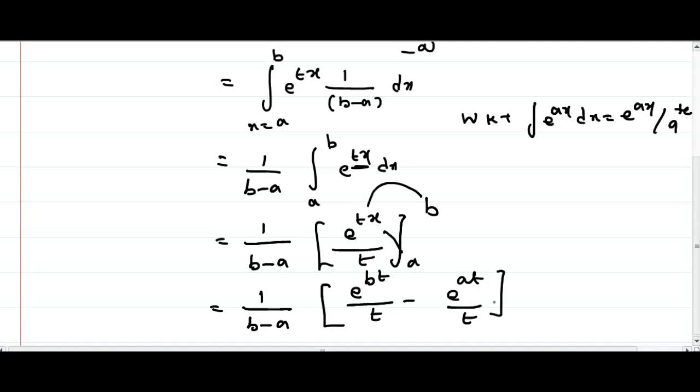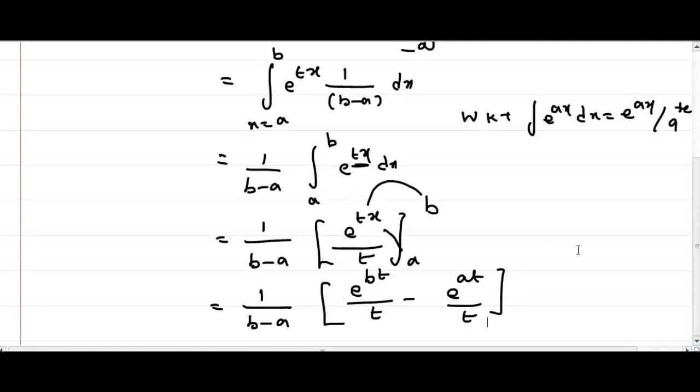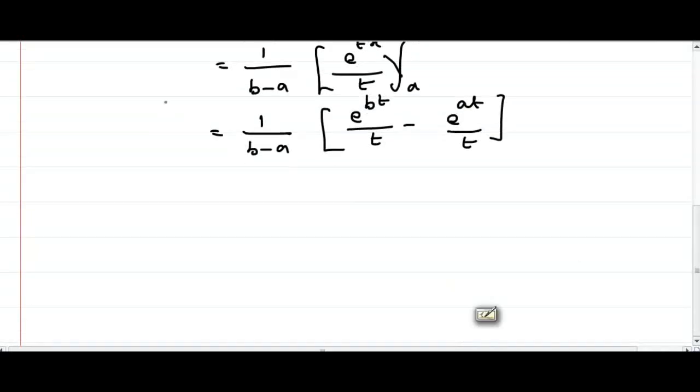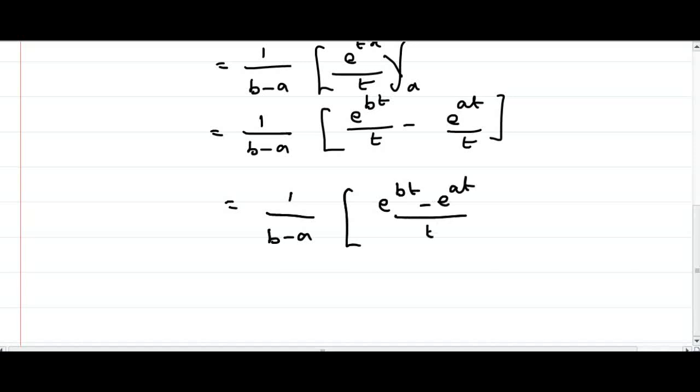In the denominator t is common, right? If we take the LCM, we get 1 by b minus a into e power bt minus e power at by t. Here t must be greater than 0. Why? Because if you substitute t equal to 0, you get 0 in the denominator, and anything divided by 0 is infinity.